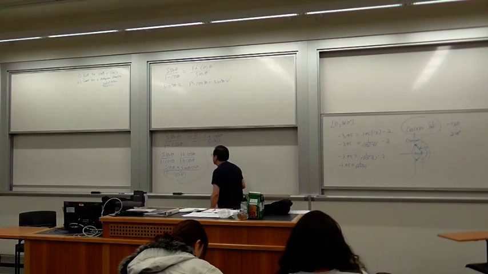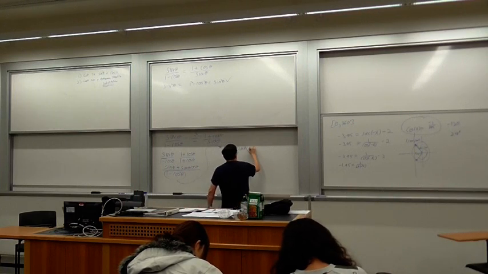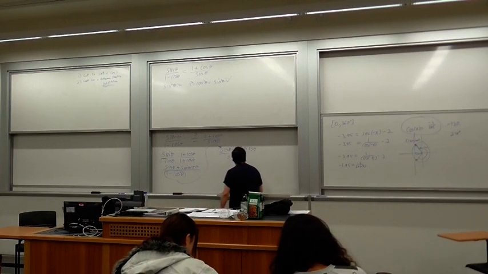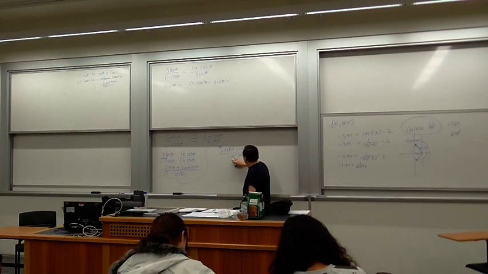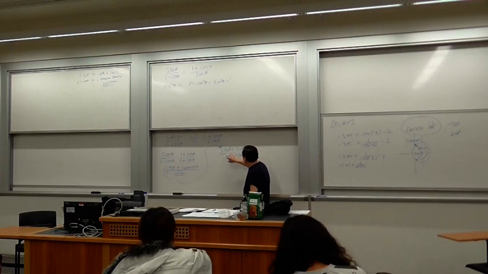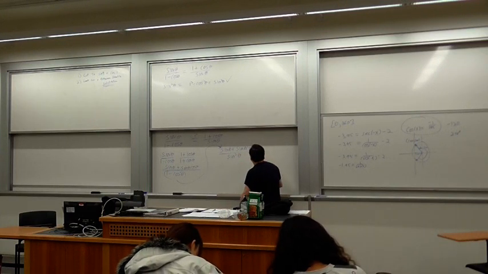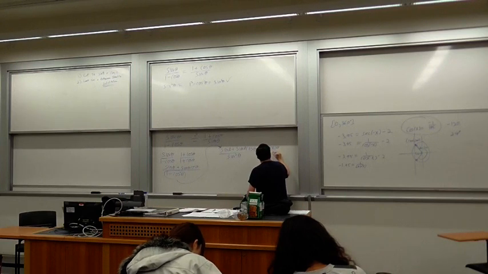So now I have sine theta plus sine theta cosine theta over sine squared theta. And now I'm going to reduce, dividing out a factor of sine theta from the top and the bottom. So I get 1 plus cosine theta over sine theta.